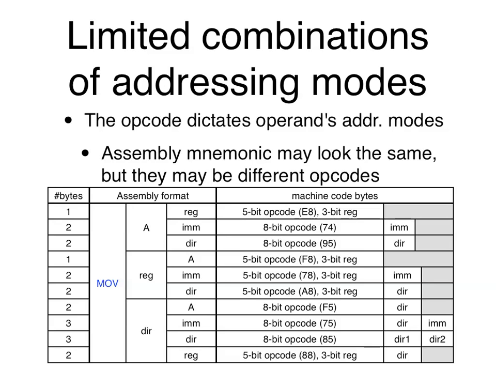Then you actually have even more options. It could be from A, immediate, direct, or another register. And so the instruction length will vary depending on which combination you choose.